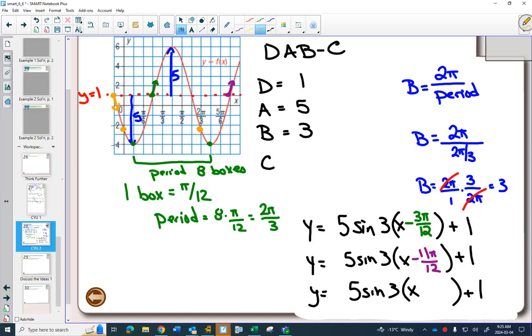Here's middle going down. That would mean your sine graph needed a vertical reflection. So in this last one, I'm going to add a negative out in front as a result. And this has just shifted 1 box to the left, so that would be plus pi over 12.